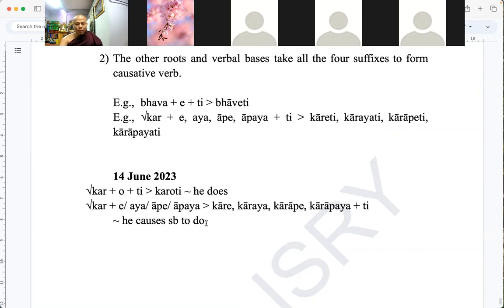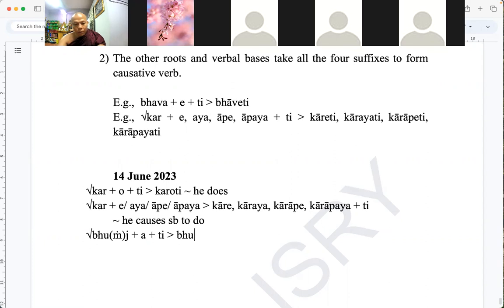So the same way in the next example. So root is bhuj. So that root bhuj also, with the sign a, and then the insertion. So we have, okay, after that the ti.